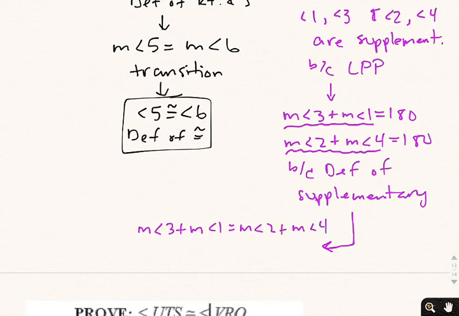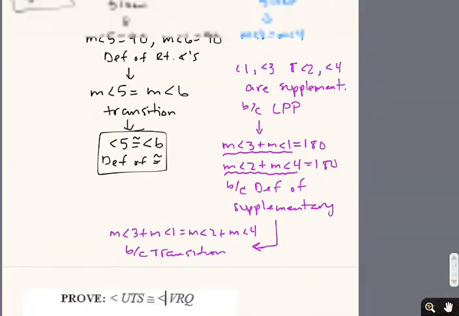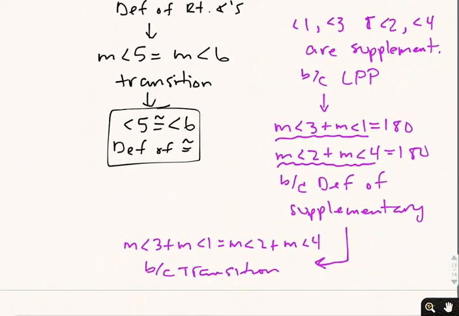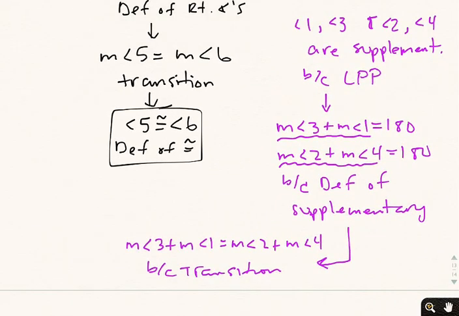And how I conclude that is because of transitivity. So what I mean is that I have 3 plus 1 is 180, 2 plus 4 is 180, so therefore I can cut out 180 completely, and those pieces are just all equal to each other.